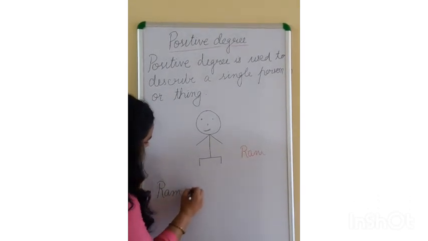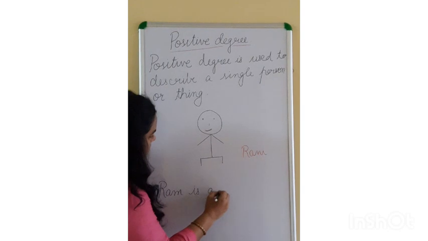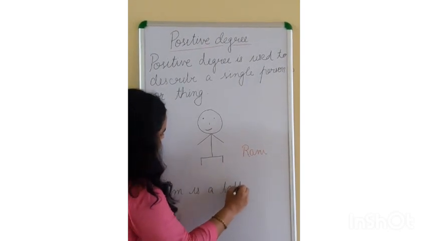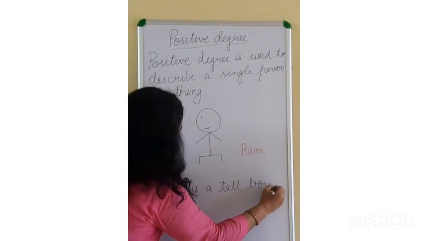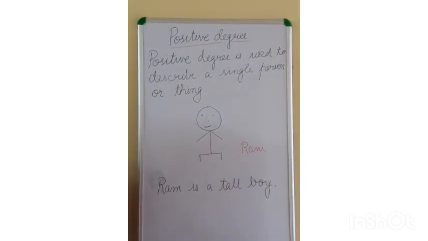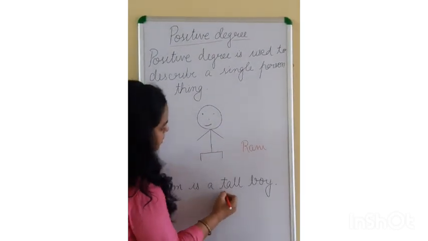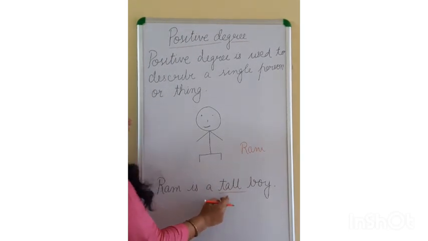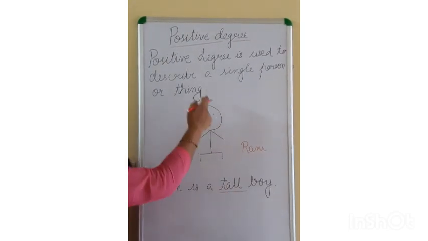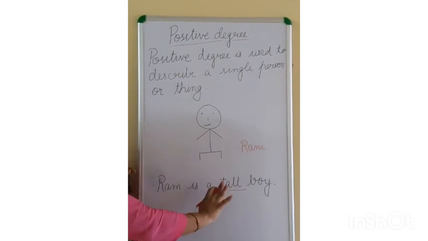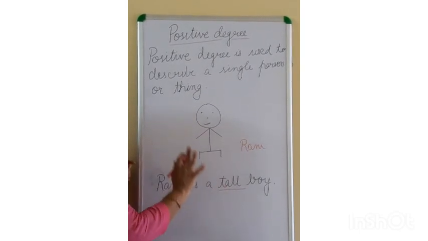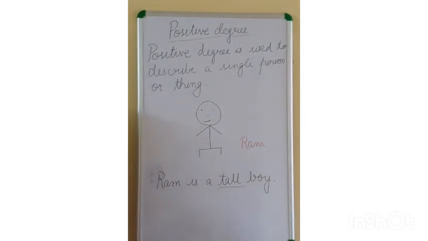Ram is a tall boy. I am using the positive degree of the adjective, because I am talking only about Ram. I am not comparing him with any other person.